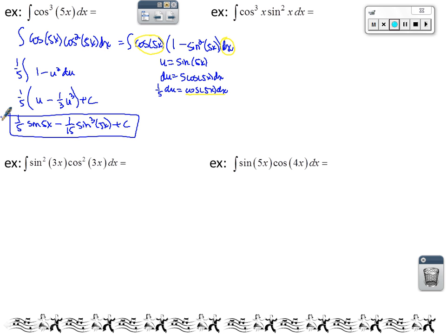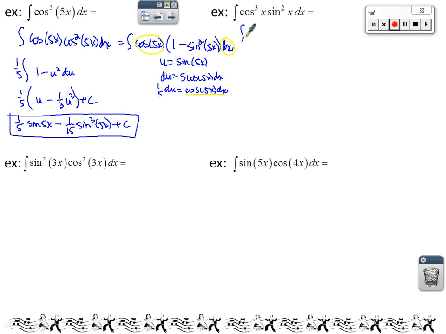Now the second one, I have a combo. I have cosine that's cubed and sine that's squared. So let's follow what they suggested. Let's save one of the cosines out, and let's turn everything else to sine squared. And I already have a sine squared, so let's save a cosine out.